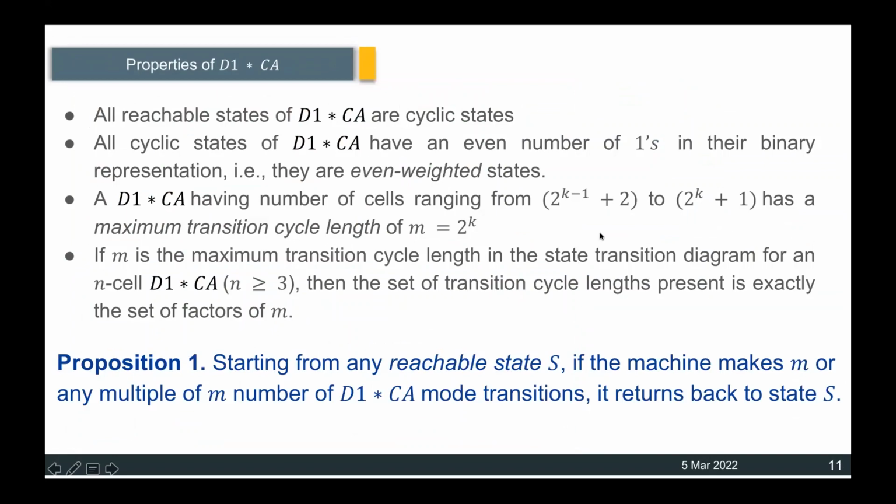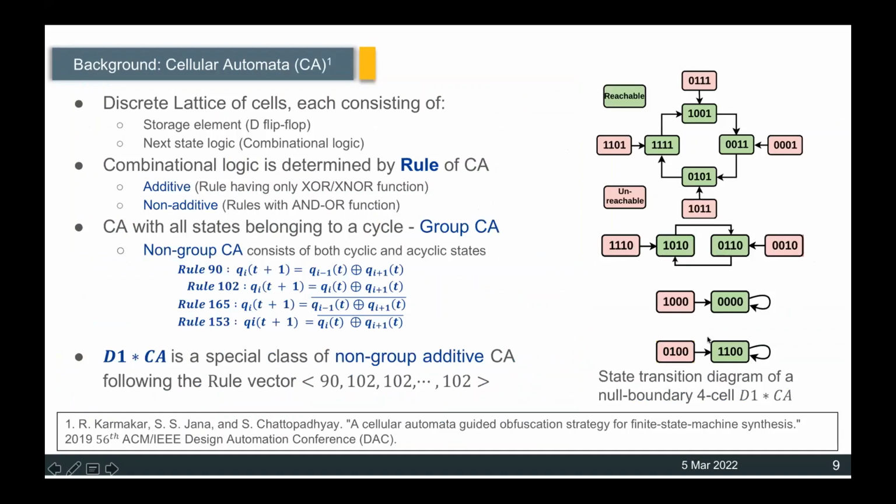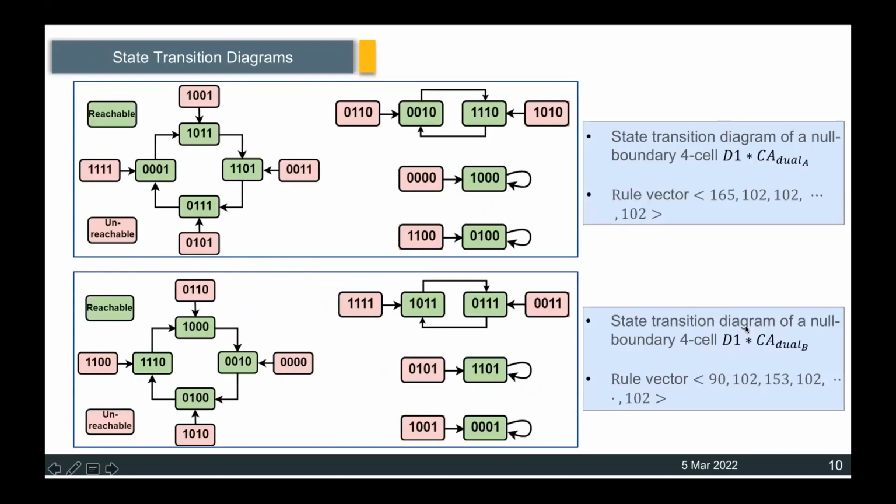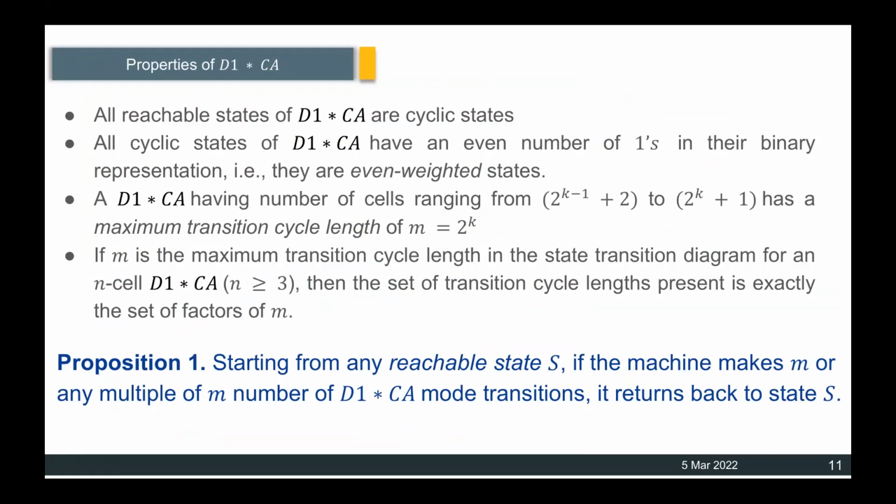Likewise, if m is the maximum transition cycle length in the state transition diagram for an n-cell D1* CA, then the set of transition cycle lengths are nothing but the factors of m, and that's why you get cycle lengths of 2 and 1, which are the factors of 4. Finally, there is a property which says that if the machine makes m, or any multiple of m, D1* mode transitions from a reachable state, then it will return to the original state.